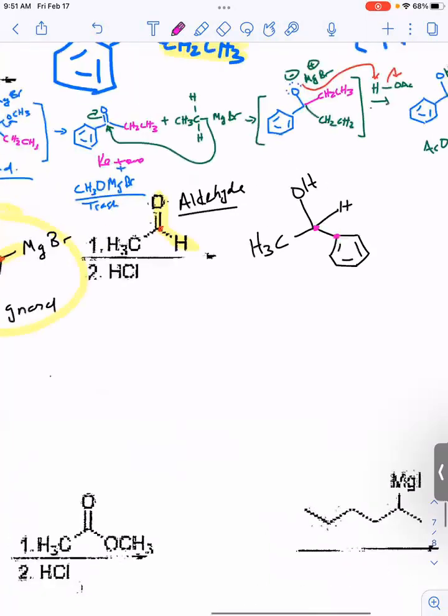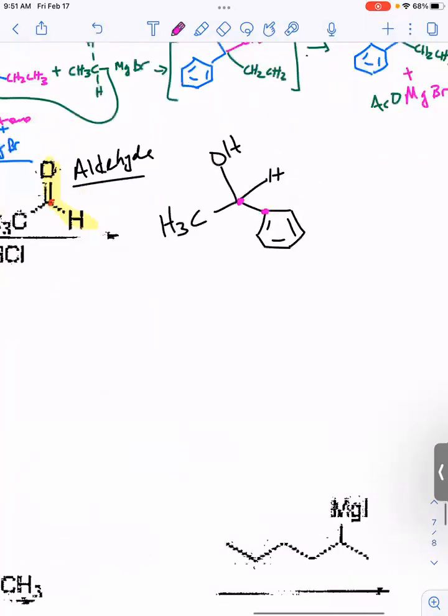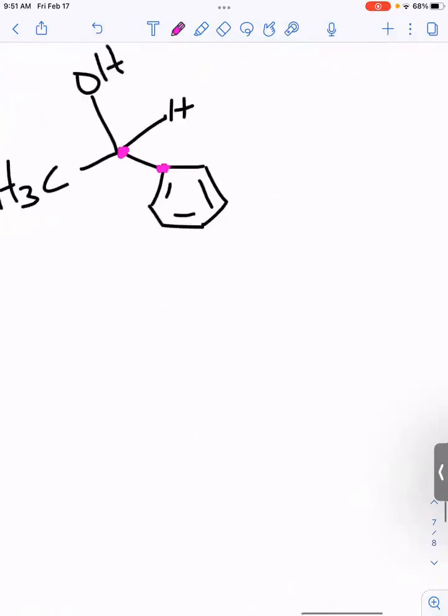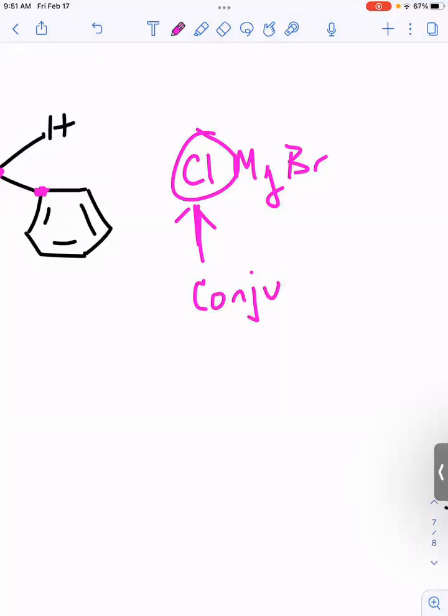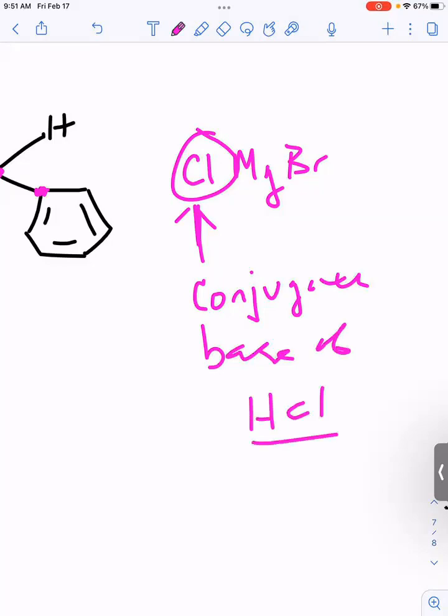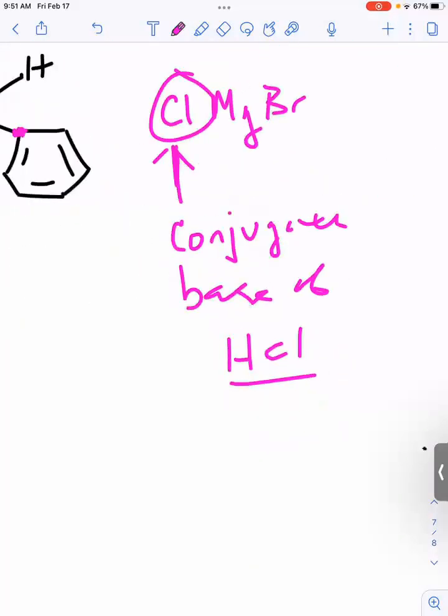So it'll be that plus, I used HCl, so it'll be Cl, Mg, Br, where chlorine is the conjugate base of the acid. That conjugate base of whatever the acid is always ends up with magnesium.